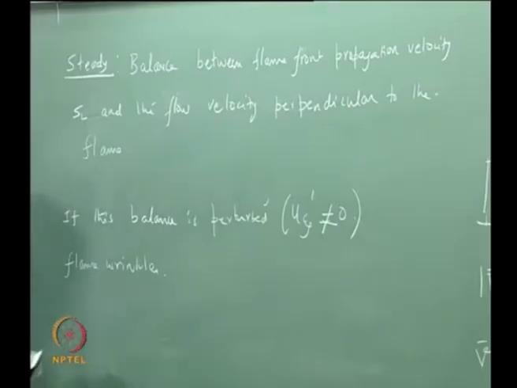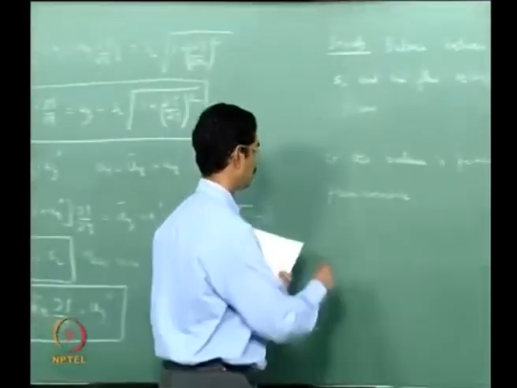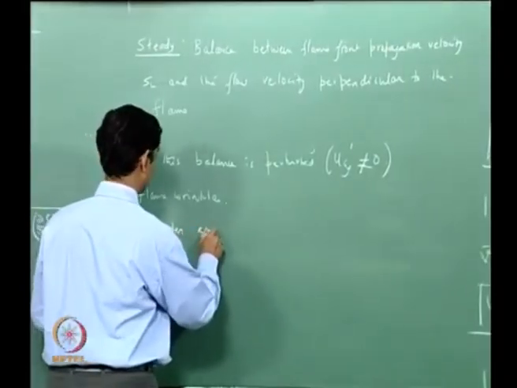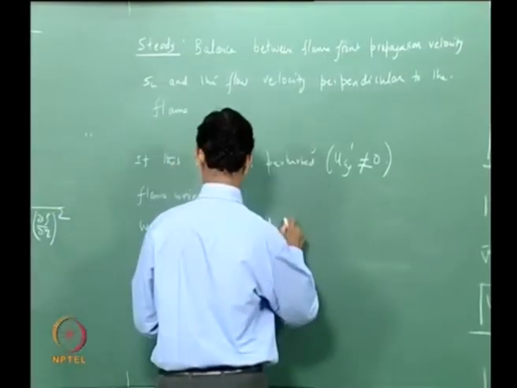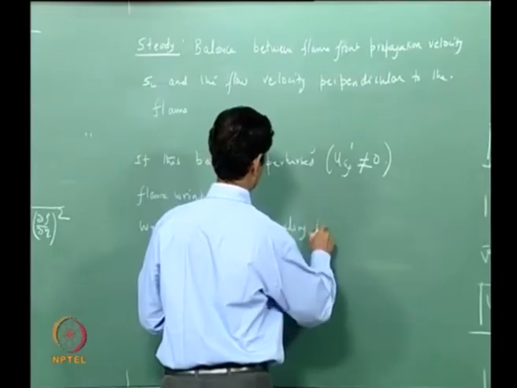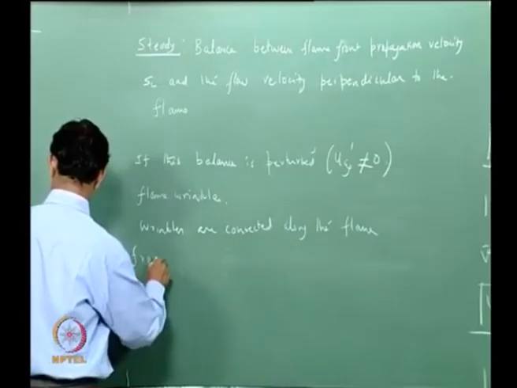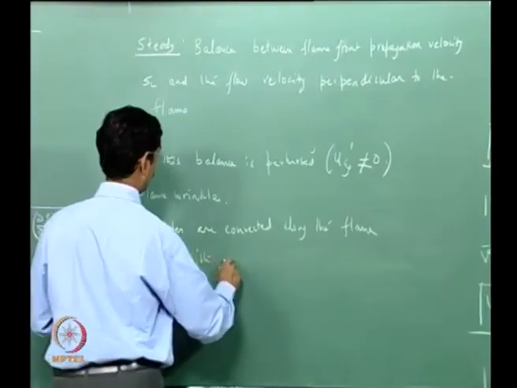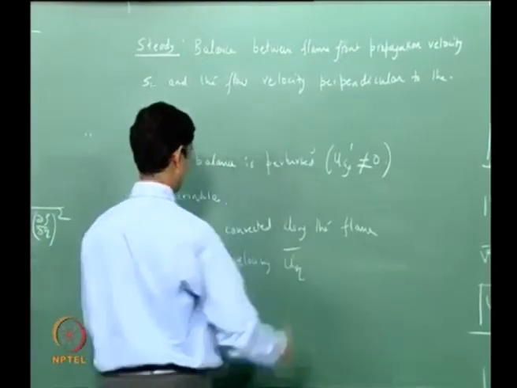Because if the balance is changed, the flame will move that way or this way, that is what I mean by the flame wrinkles, and the wrinkles are convected along the flame front with the velocity u eta bar.